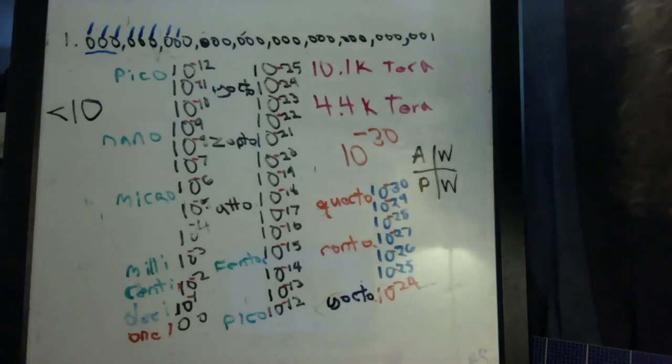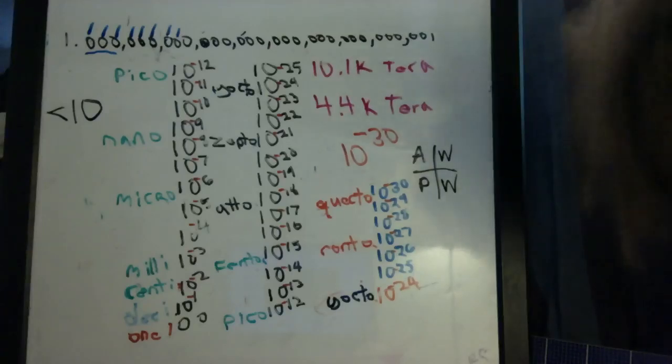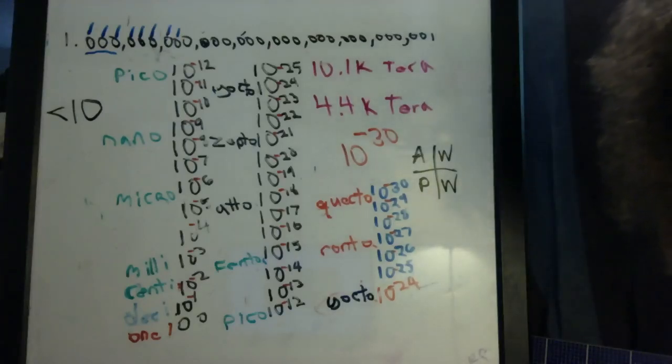Right? Synonyms. And femto is quadrillions. And then atto is quintillions. And then zepto is sextillions.